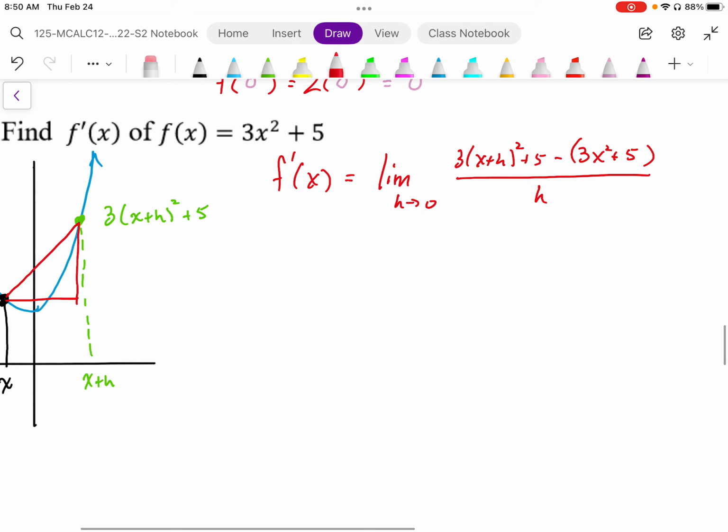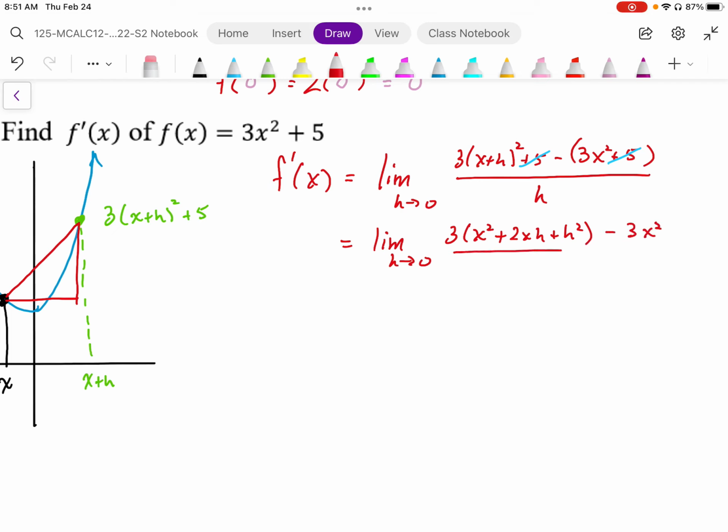So let's do the expansion here. We're going to go limit as h approaches 0. To simplify things, I'm not going to carry that plus 5 and minus 5 here. I'm just going to do the expansion of the quadratic. So I get 3 times (x squared plus 2xh plus h squared) minus 3x squared.